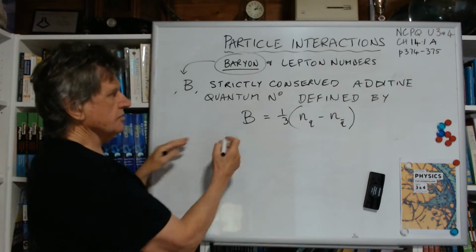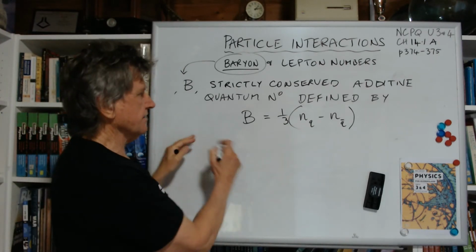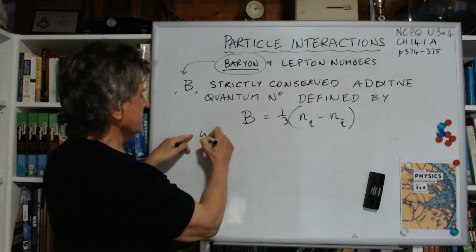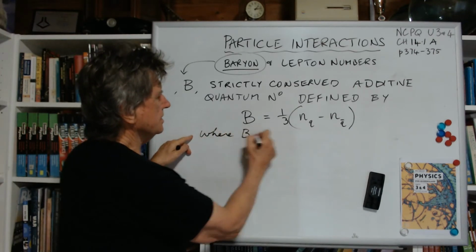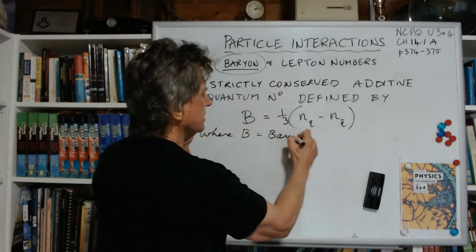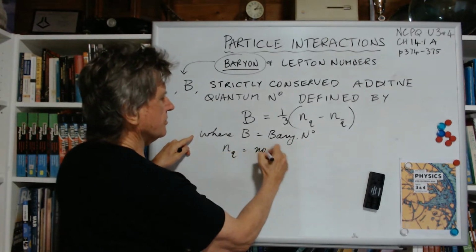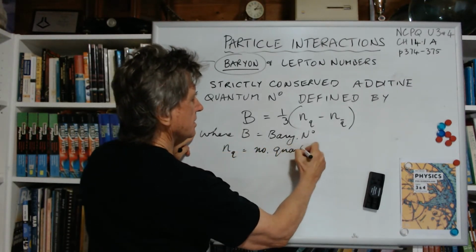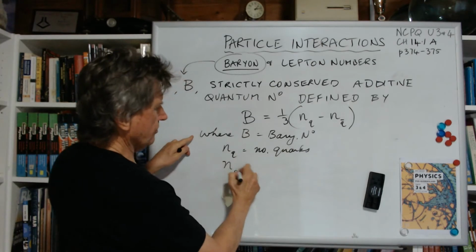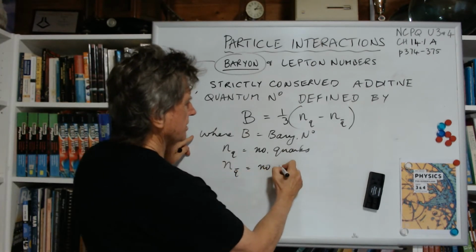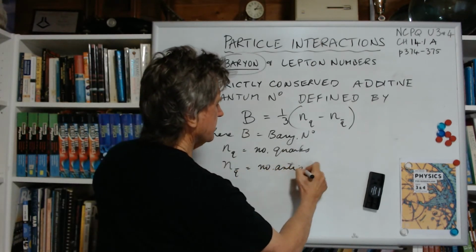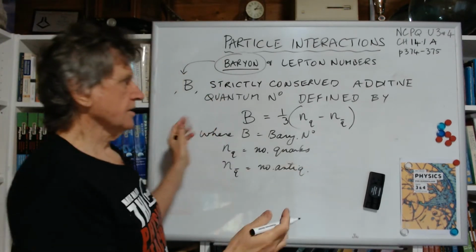And what I'd do is have the next paragraph that'd say where B equals Baryon number, NQ equals the number of quarks, and NQ with a bar over it is the number of antiquarks. Okay, that's all you'd have to do.